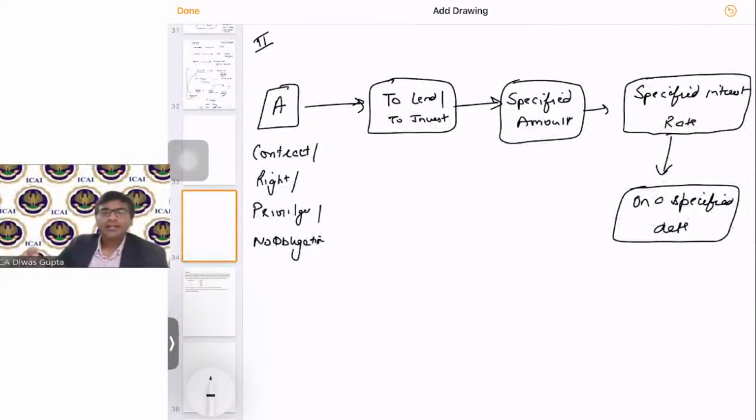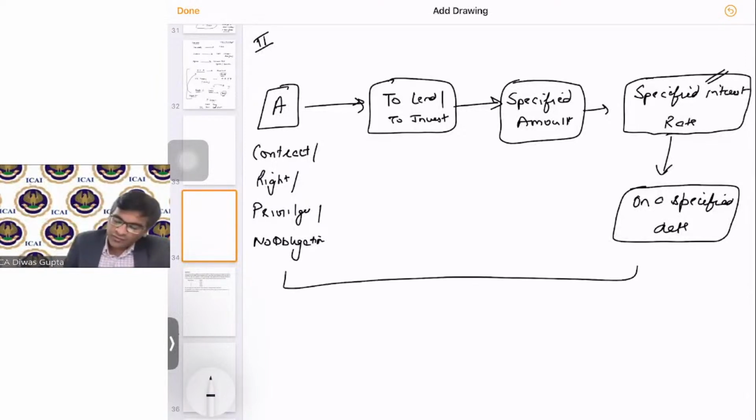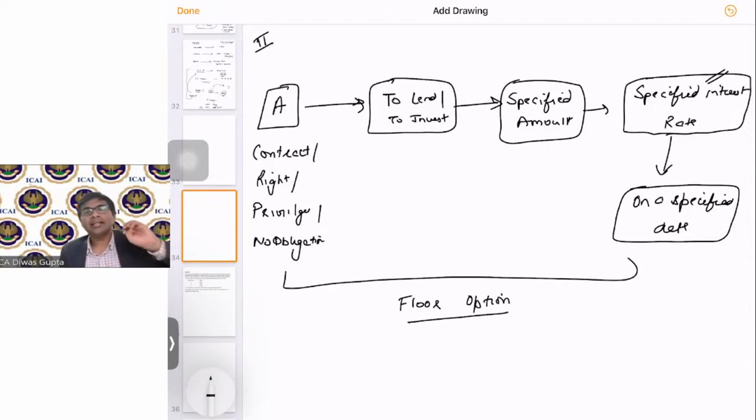So in a way, this second contract is giving the holder a guarantee that they will get a minimum of this percentage of interest. Hence, it is called a floor option, because it helps determine that at least this much you will get.